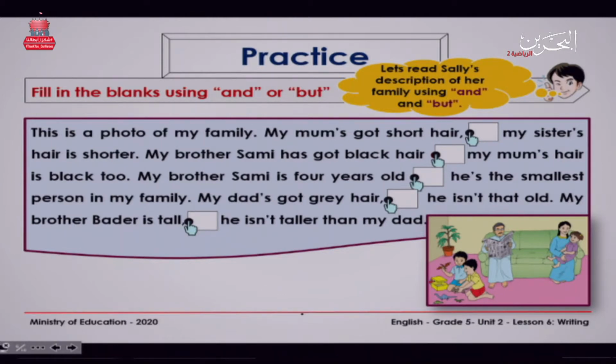I will remind you that when you put and, you link two positive ideas and you add information. And when you use but, you link one positive idea and one negative idea and you use it to compare as well. You can write your answers on your mini board. You have 5 minutes. Start.